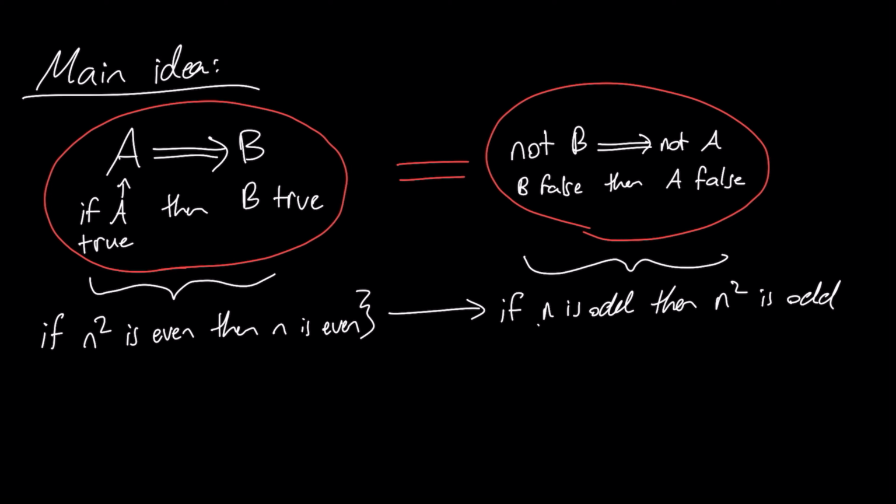In this case, n odd is our not B, because B being true is n being even. So B being false is n being odd. If a number's odd, it can't be even. So proof by contrapositive says if you don't want to prove if n squared is even, then n is even, instead prove if n is odd, then n squared is odd.